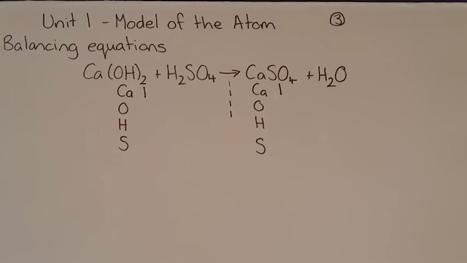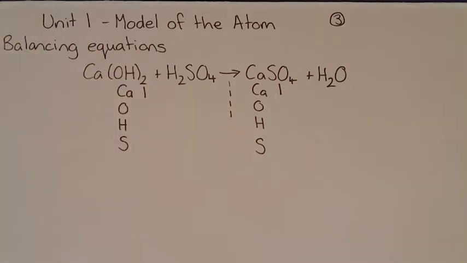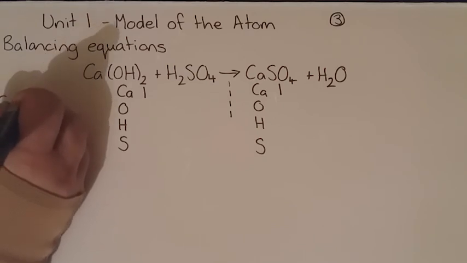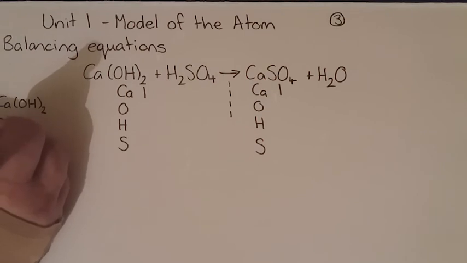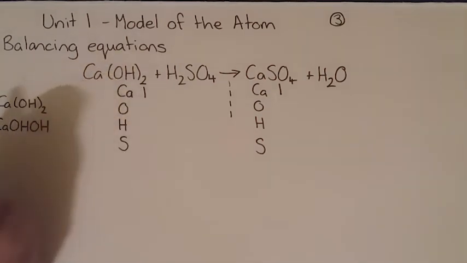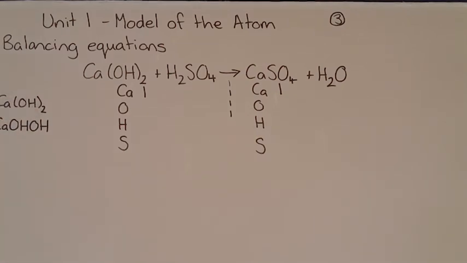When it comes to counting oxygens, the problem that we've got here is that we've got oxygens in brackets. So at this point, you need to remember what a bracket actually means. The formula for calcium hydroxide with the OH in brackets effectively means that we've got the contents of the brackets twice because of the number 2 outside of the bracket.